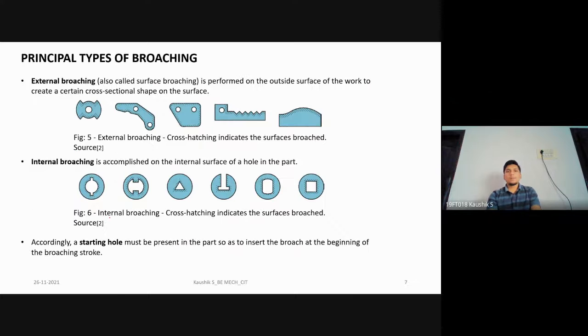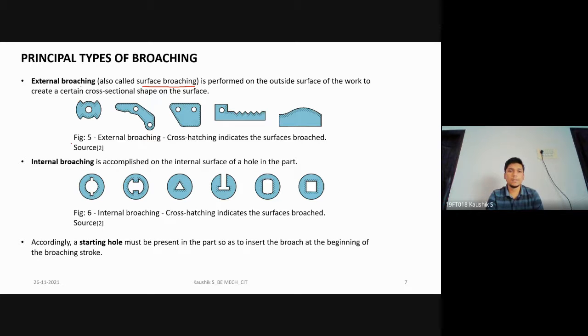Now, let me discuss the principal classification of broaching and its applications. You could see that external and internal are the general classification. The external process is also called the surface broaching technique. This is performed on the outer surface of the workpiece to create a certain cross-sectional area.